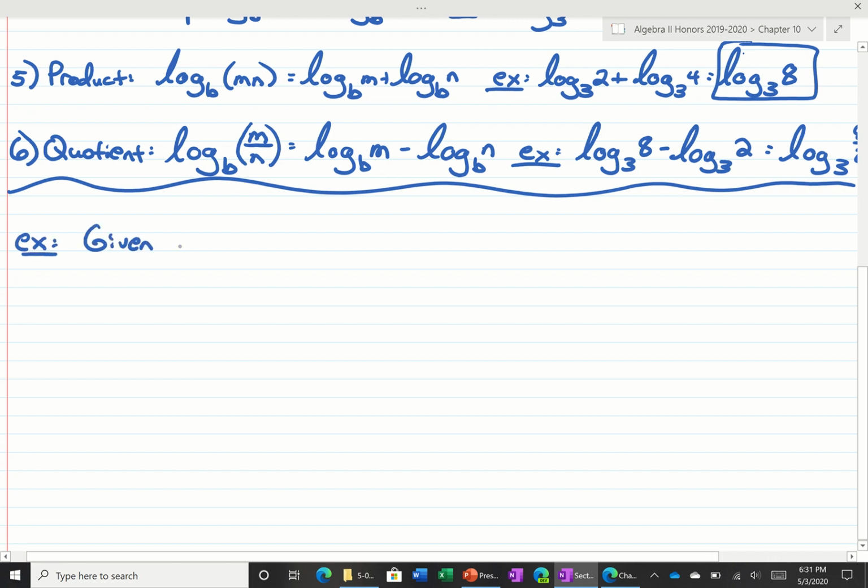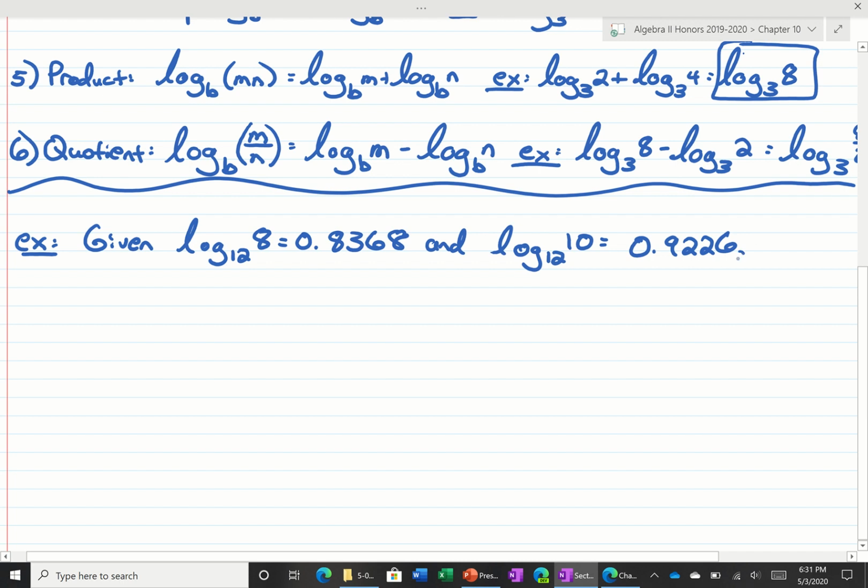Given log base 12 of 8 is about 0.8368, and log base 12 of 10 is about 0.9226, find log base 12 of 80.